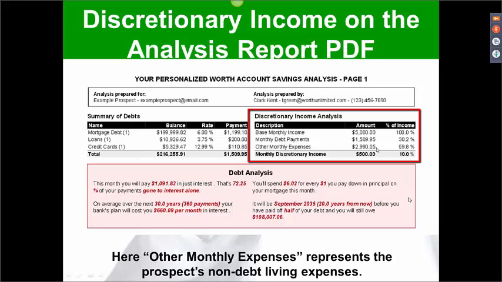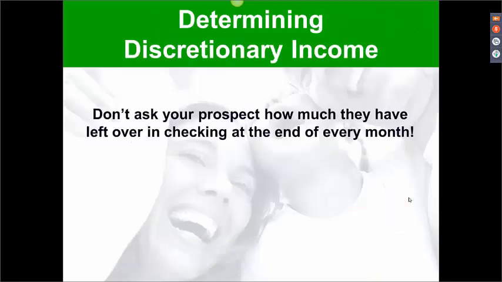Now, in the section in the analysis where you're putting down the debts, if you say extra money to principal, it will load that money directly to the discretionary income. So that's what you want to focus on, these other monthly expenses.